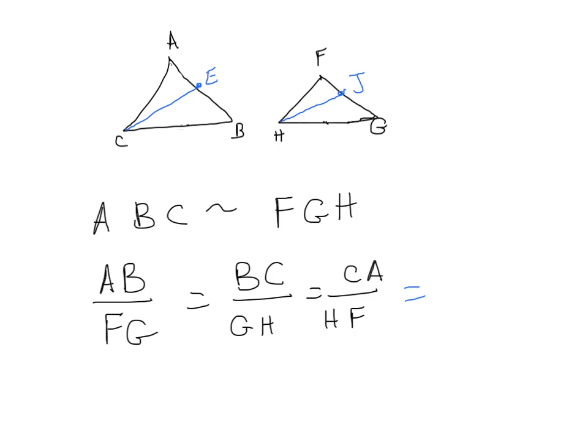All these three corresponding pairs of sides will be equal to CE over HJ. So where did I get CE from? Angle bisector of the bigger triangle on the left over HJ, which is the angle bisector here. So all I'm trying to say basically is that the angle bisector can join in this proportion just like the altitude could.